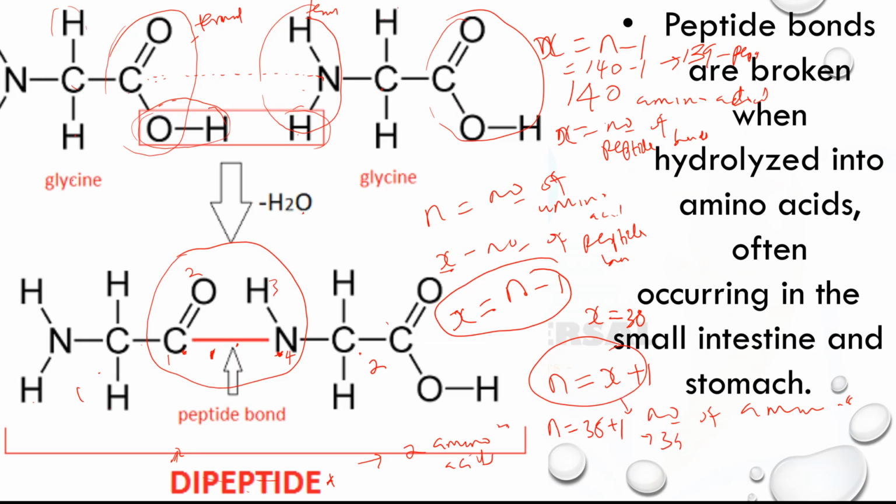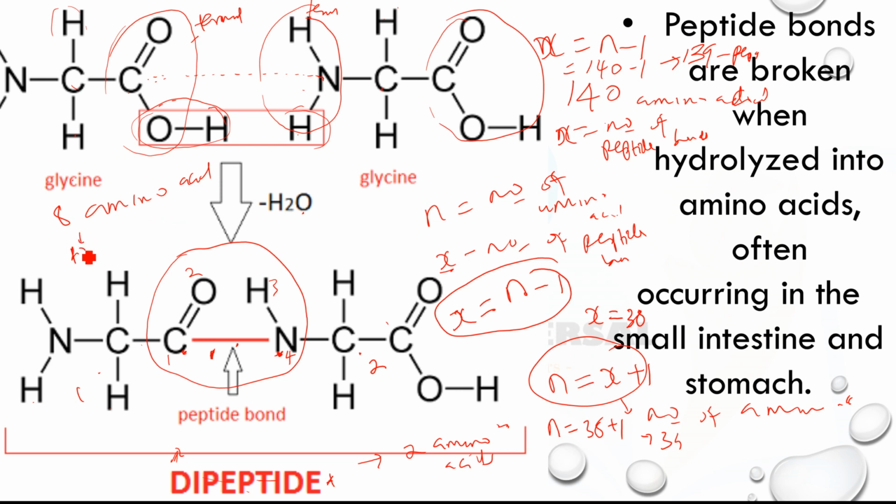Very important. But guys, also remember that in every dipeptide you have two amino acids. So if I have 8 amino acids, what are the possible dipeptides that can be formed? Possible dipeptides that can be formed.